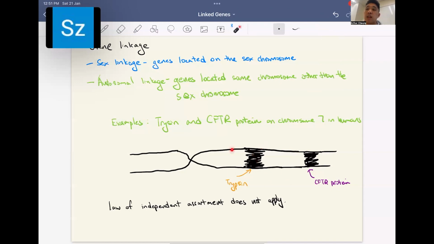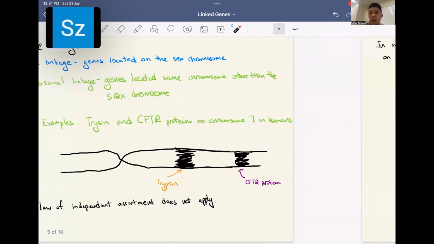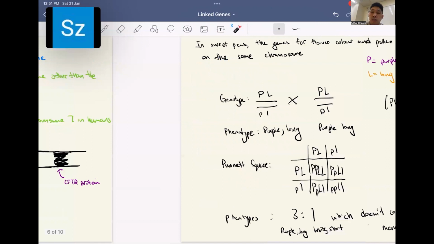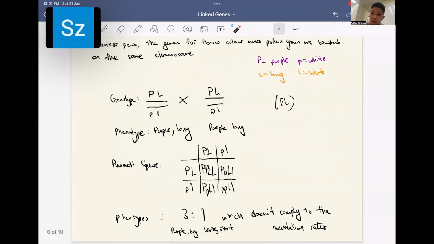In this case, we say that these two genes are linked, so they are not inherited independently of each other, as they are both located on the same chromosome. And now an example can be shown here using sweet peas. Here, there are two different genes that encode flower color and pollen grain shape.